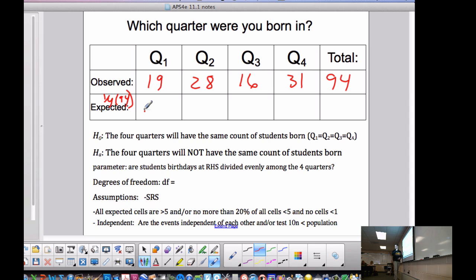Sorry, 23.5. What about quarter 2? How many would you expect? 23.5. It should be evenly distributed. That's what we are thinking, right? 23.5. I don't have to worry about the total in that one just because we've got it.